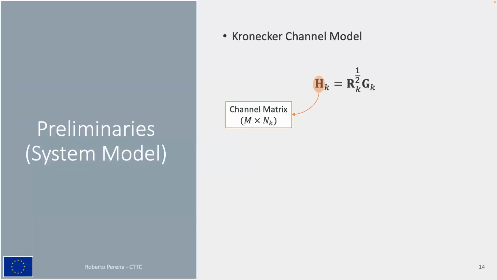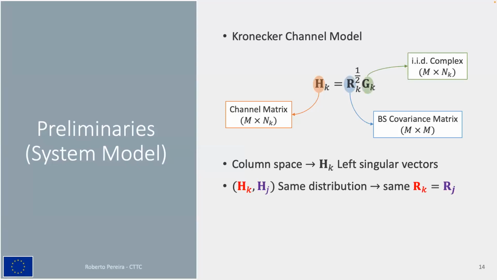So to give an idea of more or less what the system model is, perhaps I skip a bit, because that's the entry. So it's basically the chain of the matrix. We have a kernel model. We have a base station with some covariance matrix. And what we want to do here is to analyze the similarity between two channels. If two channels are similar, it's very likely that in the MIMO scenario they have the same distribution.